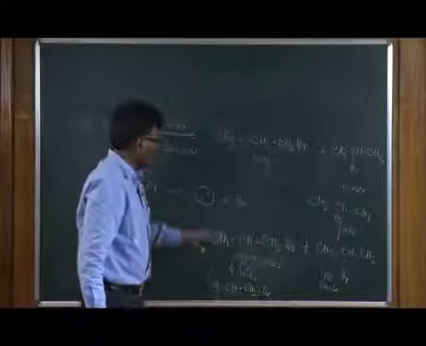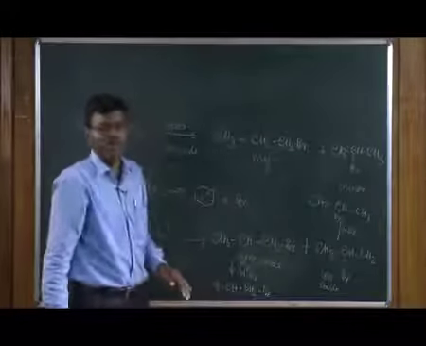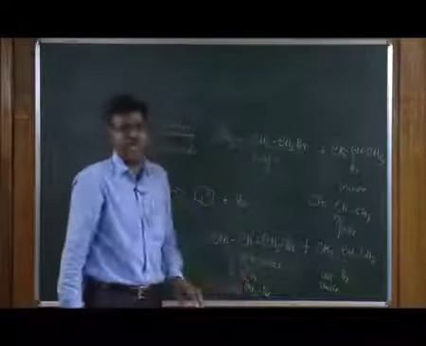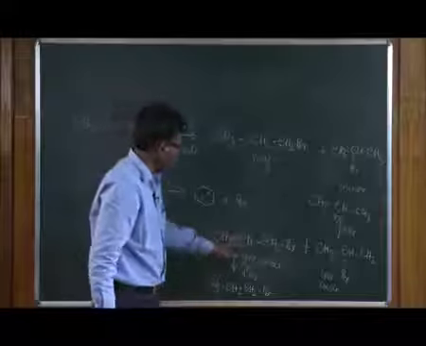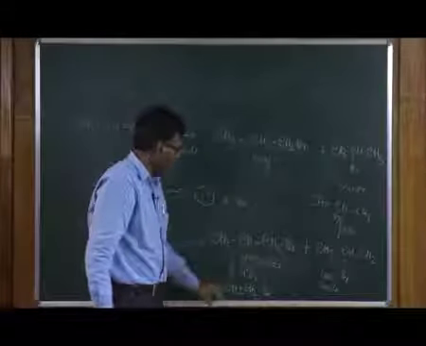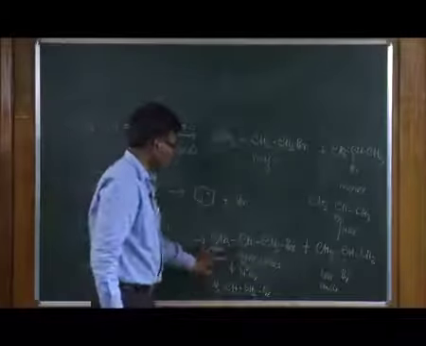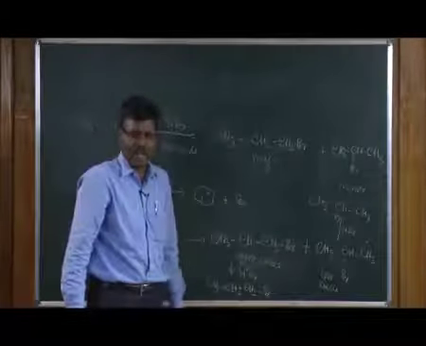So, whenever you carry out the reaction in the presence of peroxide, we get the primary alkyl halide as the major compound, because of the formation of the secondary radical in this case. This is called the anti-Markovnikov product.